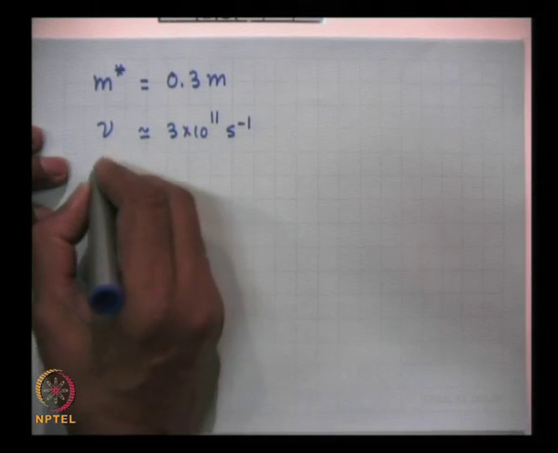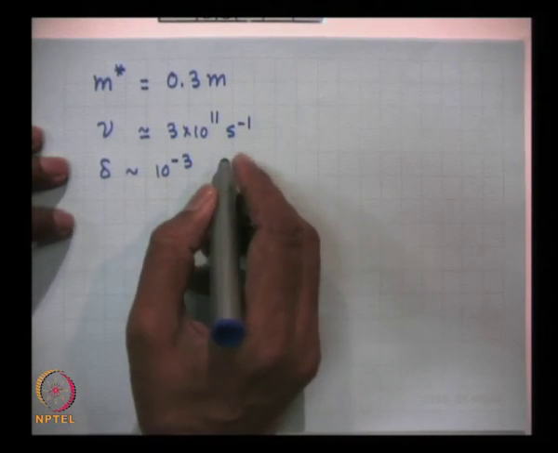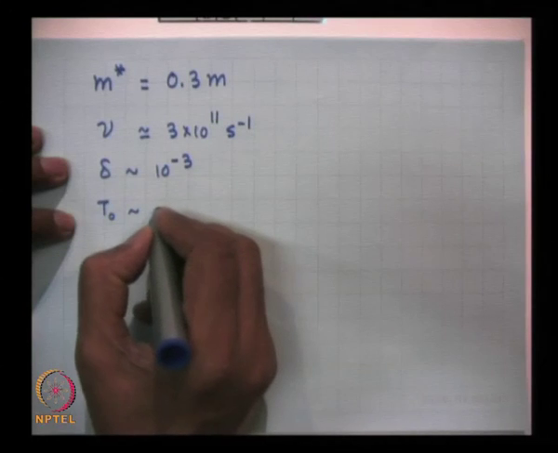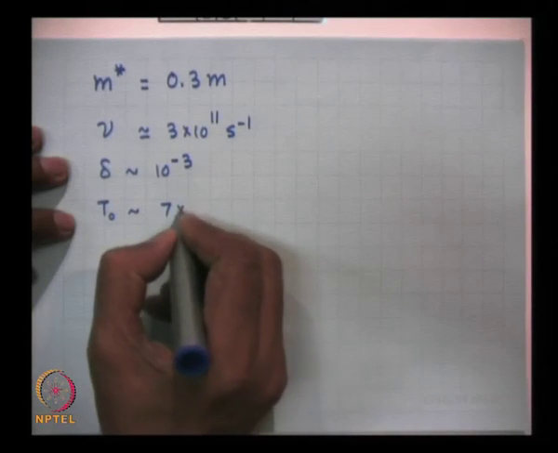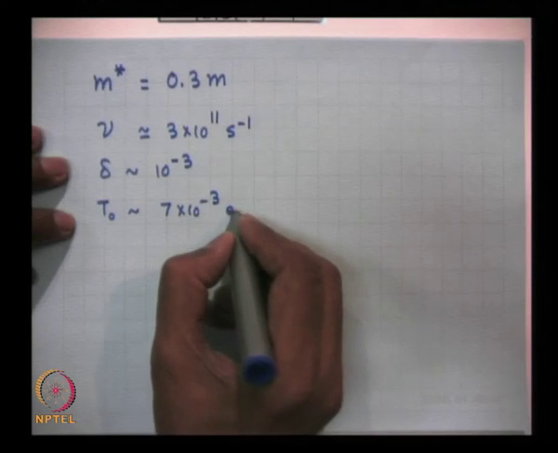and delta I will choose around 10 to the power minus 3, and suppose I choose the electron temperature at liquid nitrogen, which is like 7 into 10 to the power minus 3 electron volt.